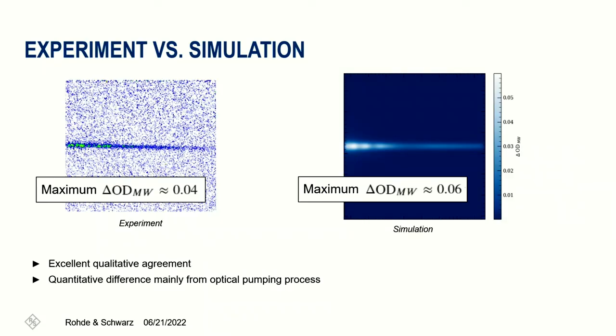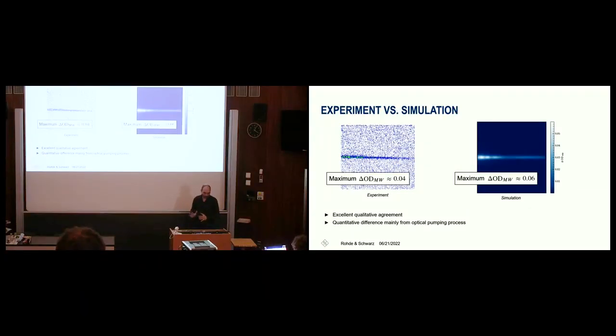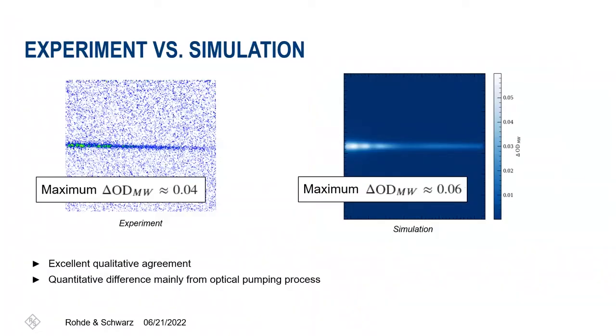Okay, let's compare some images. So here I try to simulate an experimental measurement exactly with the same parameters in the simulation software. And you can already see an excellent qualitative agreement between the two images. There is a slight quantitative difference.